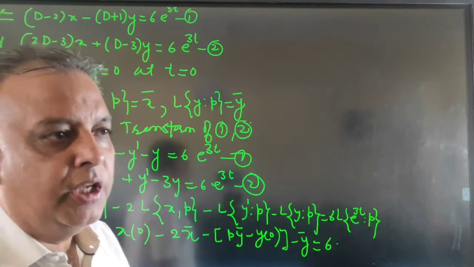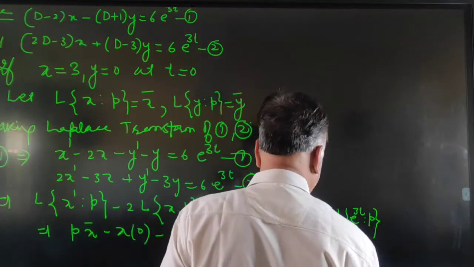The Laplace transformation of e raised to 3t is 1 upon p minus 3.